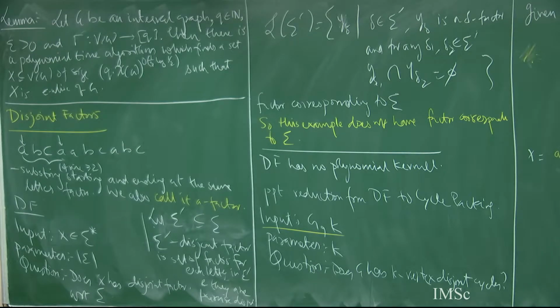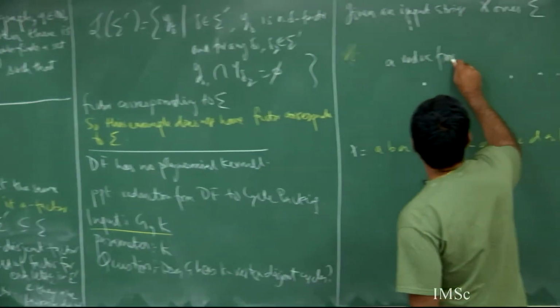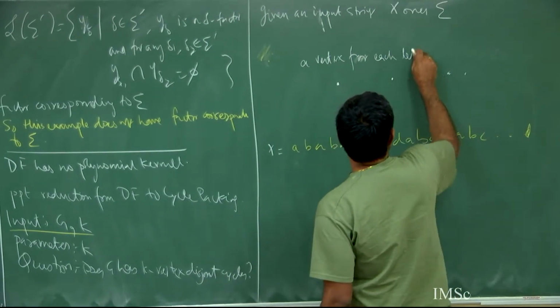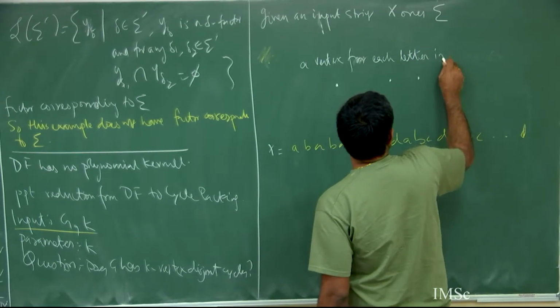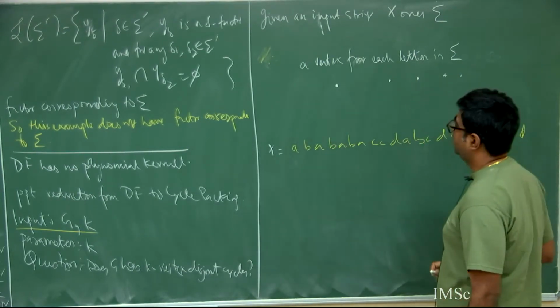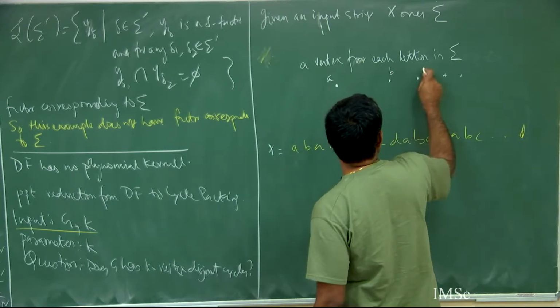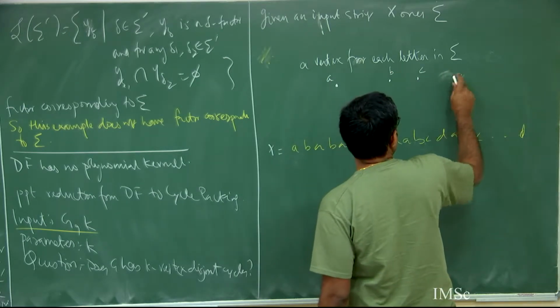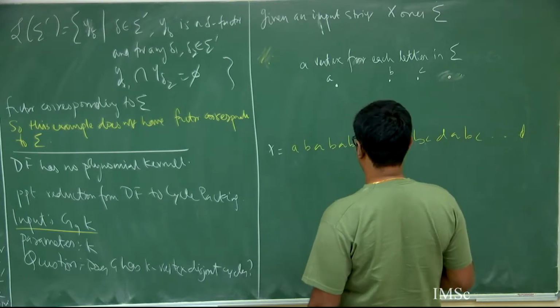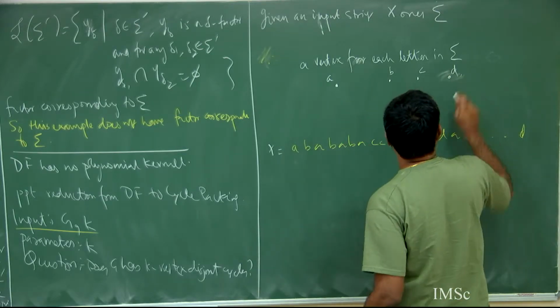So what you do is that you create a vertex for each letter in sigma, okay. So suppose we have a b c d here, so like this is a, this is b, this is c, we don't have any more, no, we don't have d, okay.